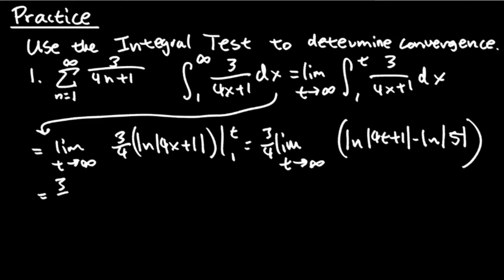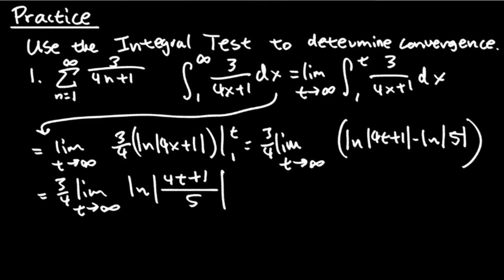So don't forget the 3/4, just always carry that everywhere that you go. ln of 4t plus 1 all divided by 5 because log rules. And notice that because we're using a log, t going to infinity is going to make this thing blow up to infinity, and ln is an increasing function.